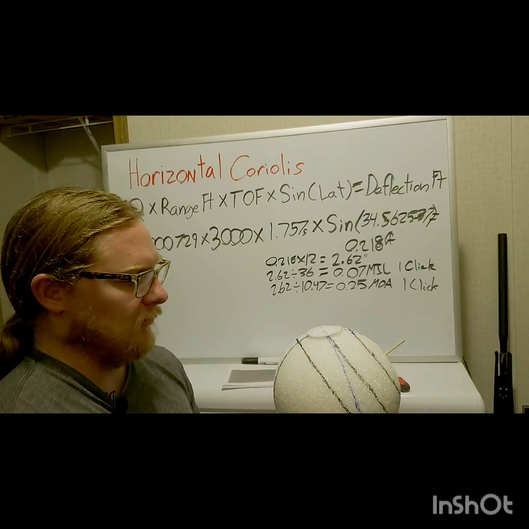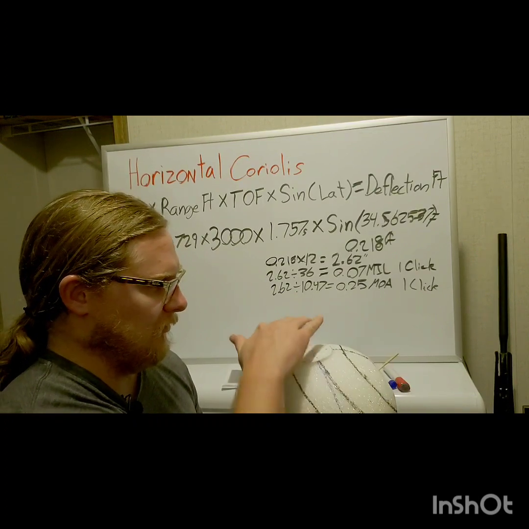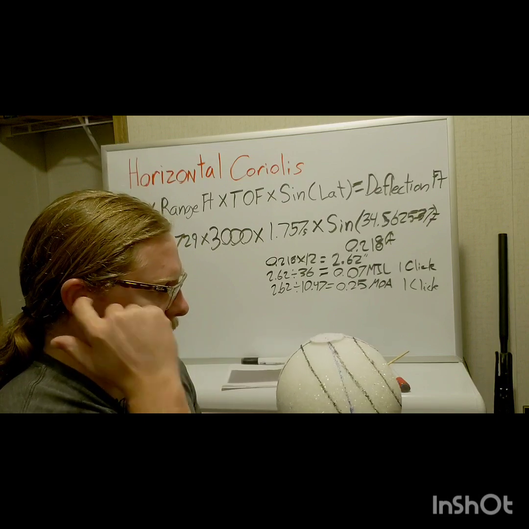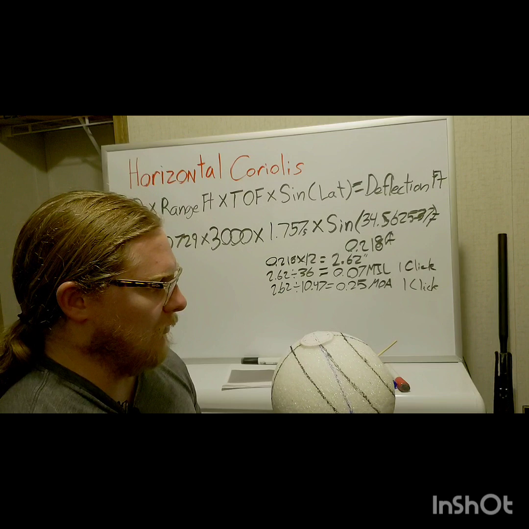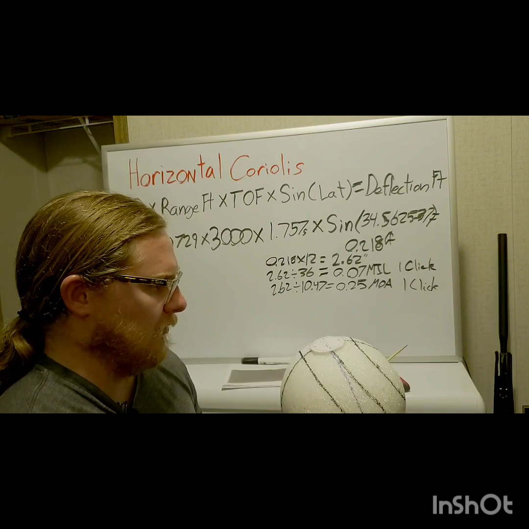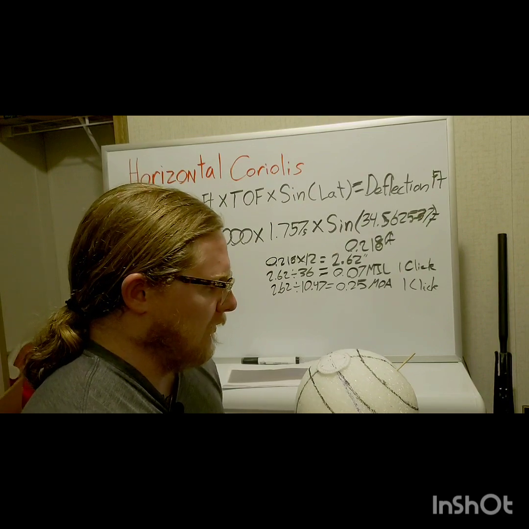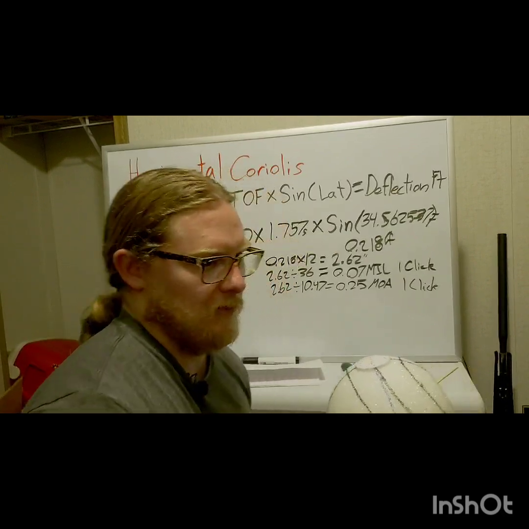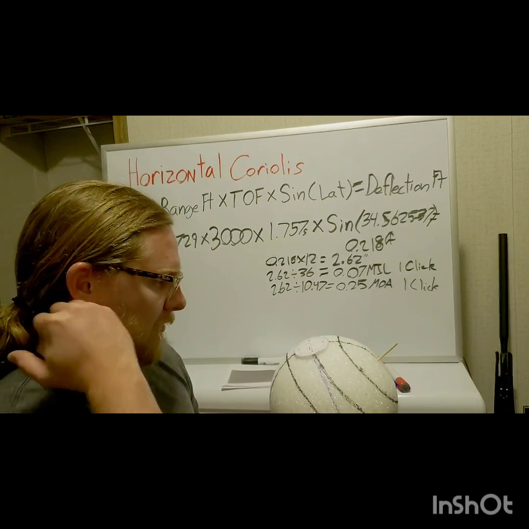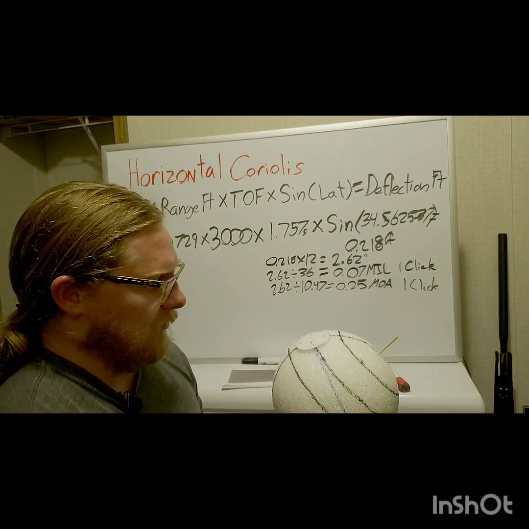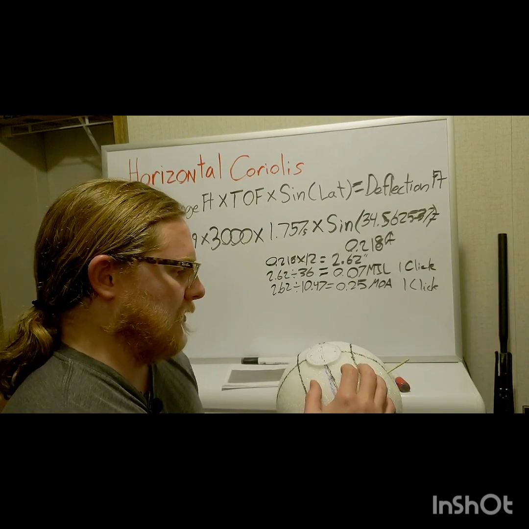Our planet is a sphere, basically a big ball, and because of the shape of that, our deflection in the northern hemisphere is always going to be to the right, and in the southern hemisphere it's always going to be left. So we're going to get out our pretend stuff here, and we are going to hopefully not twist your brain too much. So here we go.